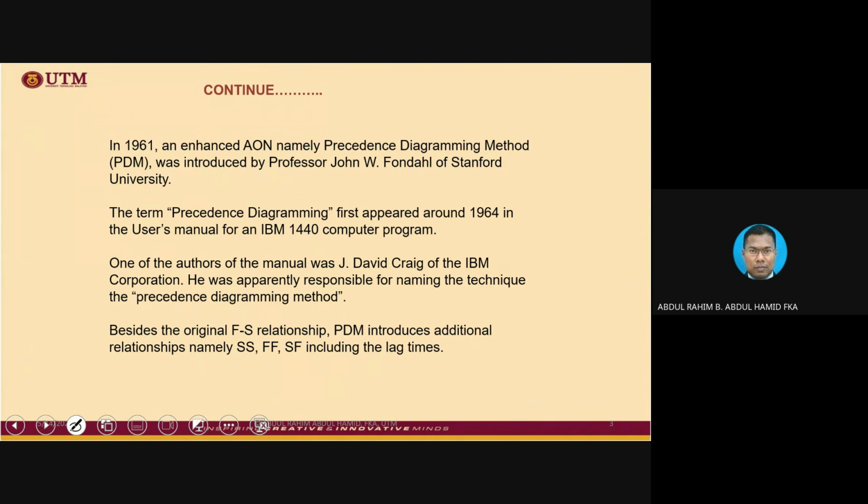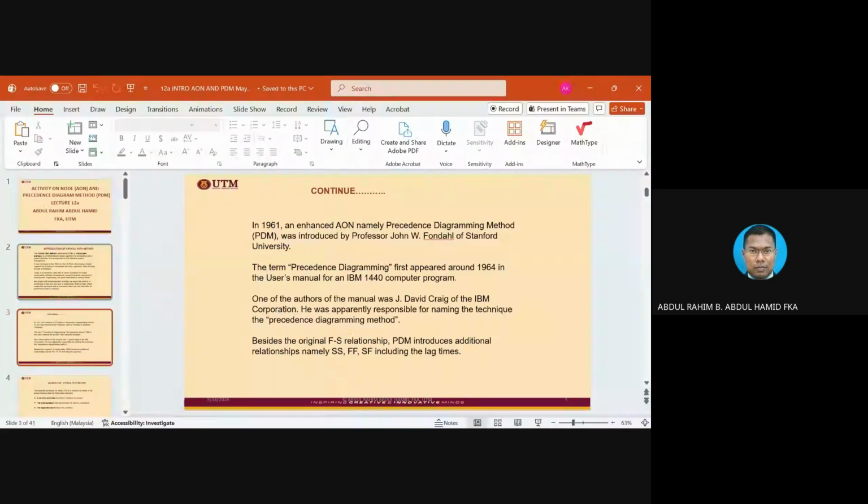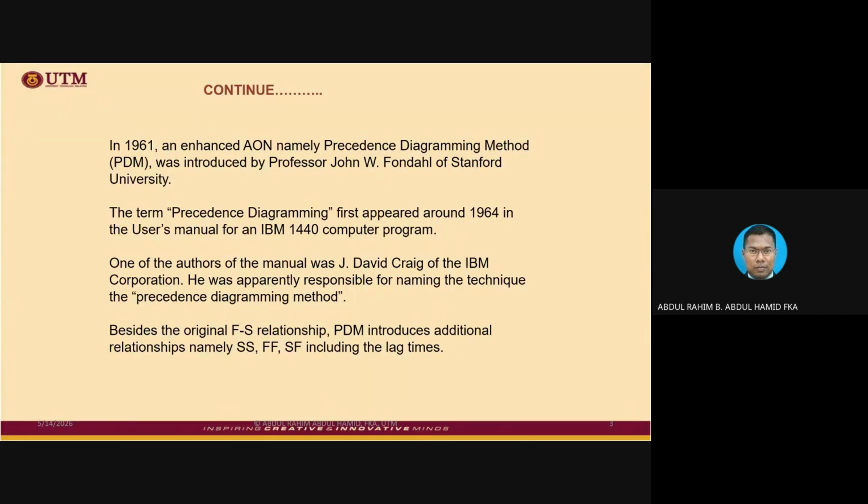The bar chart was developed way back in 1910, and then in the 1950s came the CPM, and then we have the concept of the AON diagram, AOA diagram, and subsequently the PERT diagram.